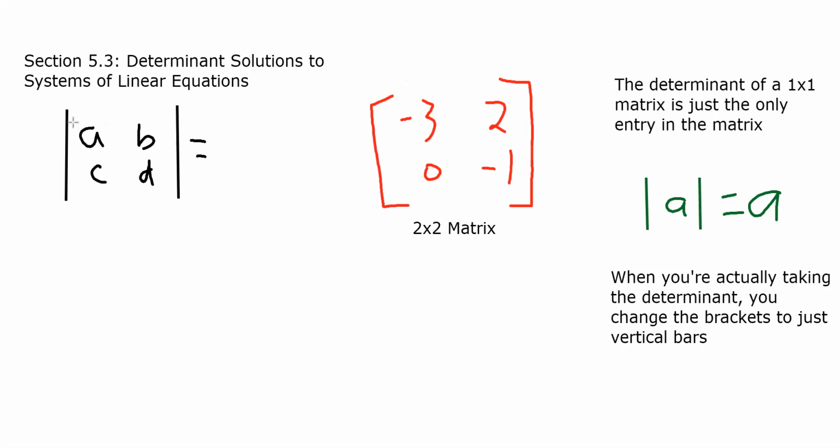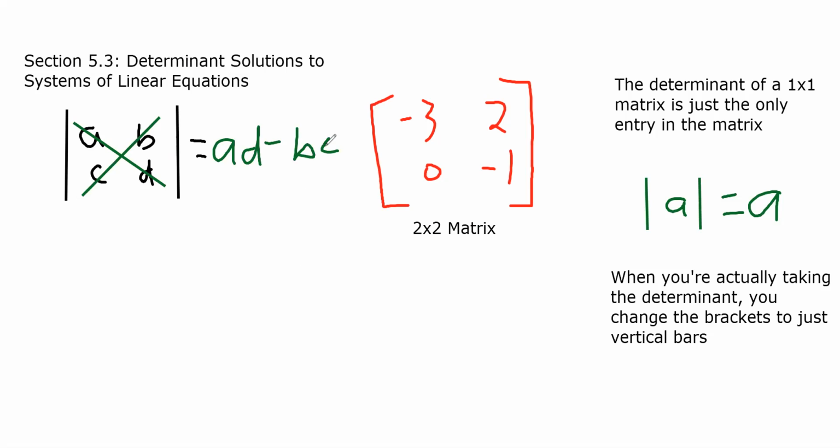What you do is you multiply the values along the main diagonal here. So you would do A times D, or just AD. Then you would subtract off the product of the values along this diagonal. So it's AD minus BC.